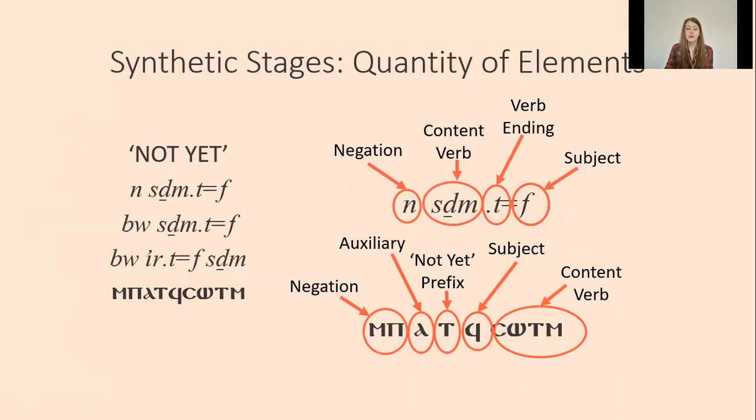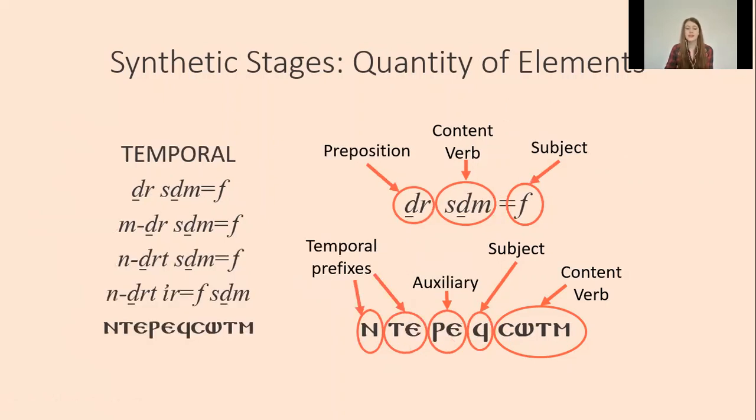And these were the negative marker, which would then become emper, an auxiliary a, the old verb ending t, which was now part of the auxiliary, the subject, and the content verb. So in this construction, the additional element originated from the addition of an auxiliary in the creation of the form bu eret f sejm, where the verb ir was added as an auxiliary and later became a in Coptic.